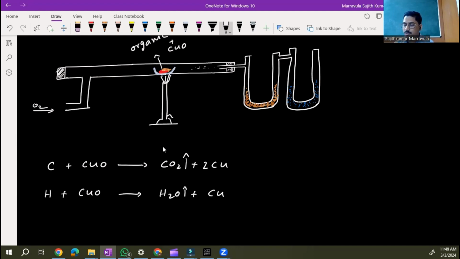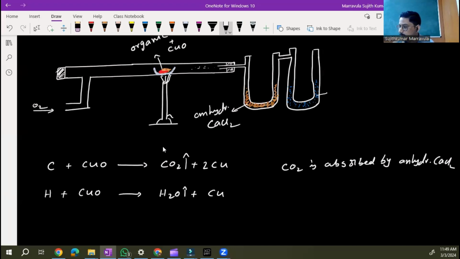Here, H2O and CO2 are in gaseous form. Now H2O is absorbed by the anhydrous calcium chloride, and CO2 is absorbed by the KOH solution.